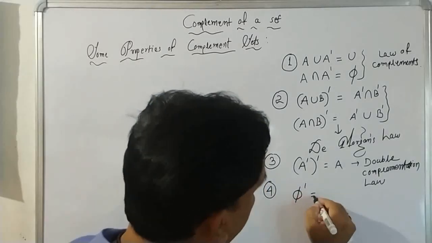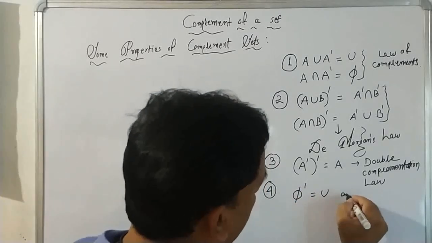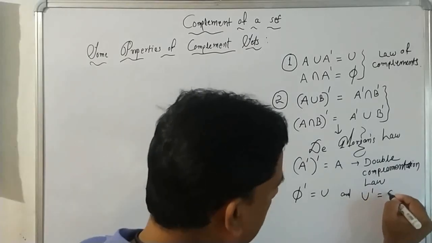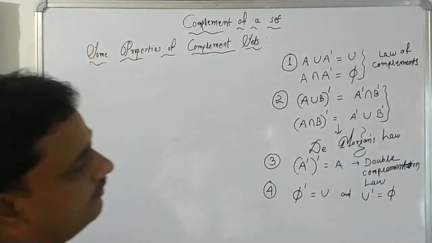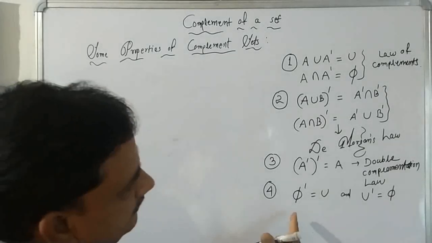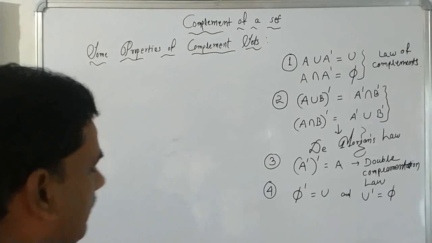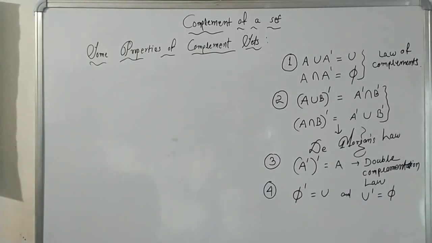Complement of phi is U and complement of U is phi. Okay, complement of phi is U and complement of a universal set is always an empty set.